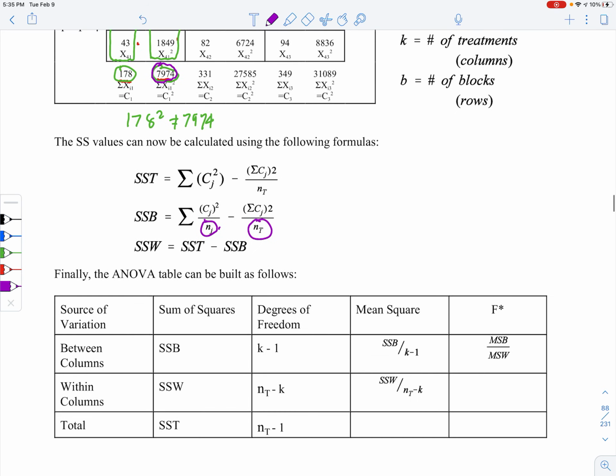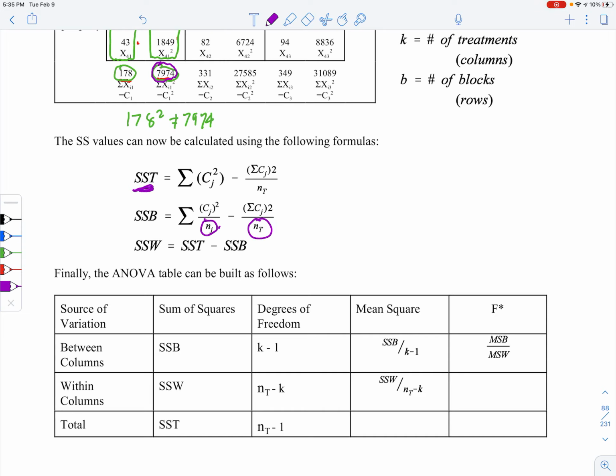So this is how we calculate the SST. And you can see that that's pretty similar to just a variance formula here. And we're just using slightly different symbols and so on. And then we break that up into an SSB and an SSW. So this is how you calculate the SSB, and then this is how you calculate the SSW.